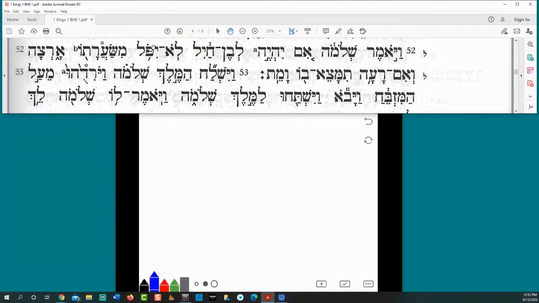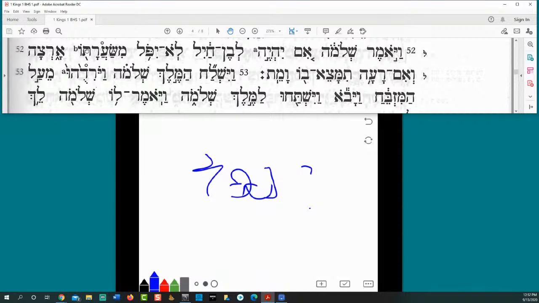misa'arato arza. So this is from nafal. When you put the yud on, the nun assimilates. Yipol, just a qal imperfect third masculine singular from nafal. It will not fall. What? And I suspect there's something going on.